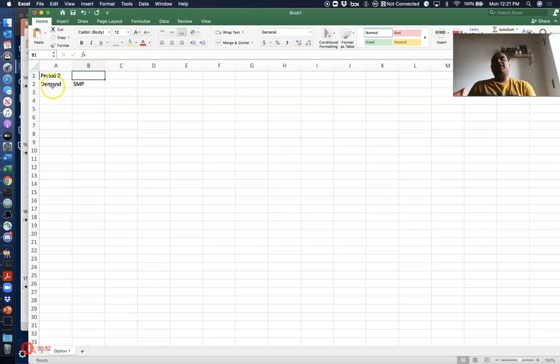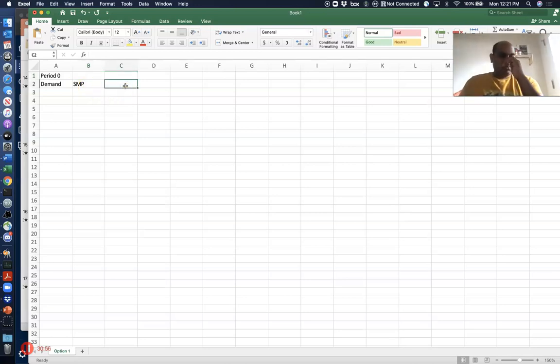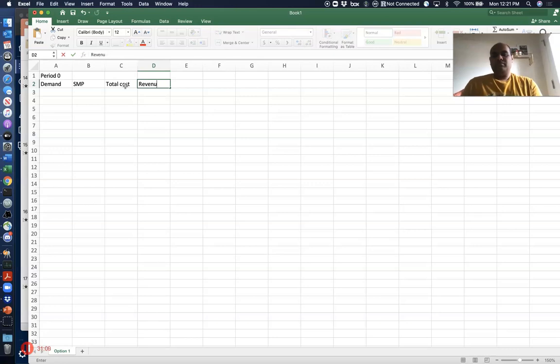Then we need to know the total cost, and then the revenue and profit. And then we have net present value profit.